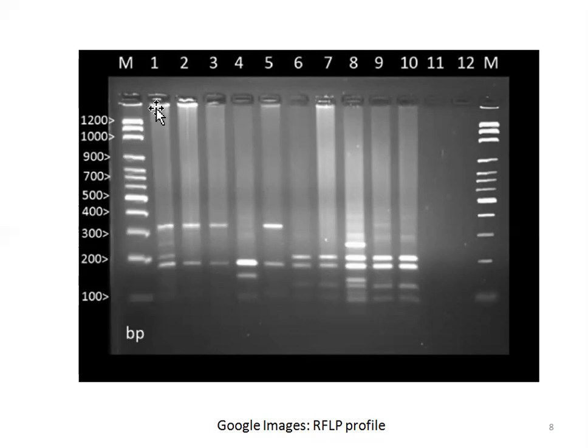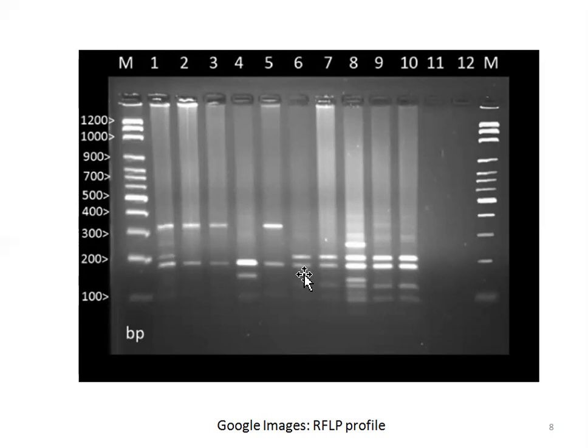And these are the fragments which are made after the addition of one or more restriction endonucleases in the template DNA mixture. And as a result, here you can see strains 2 and 3 are identical with each other as well as with strain 5, but they differ from strain 1 and strain 4. Here you can see the multiple bands, but these bands are absent in 2, 3 and 5.